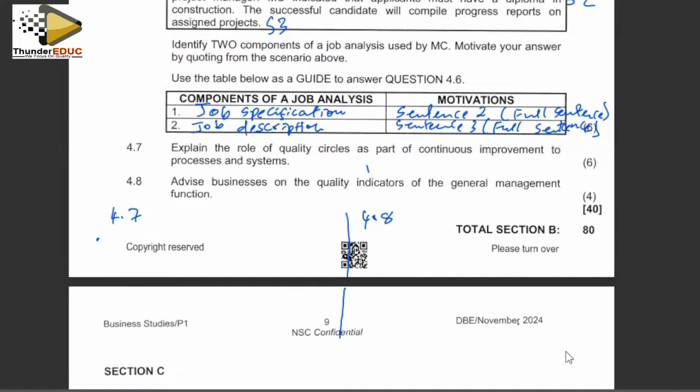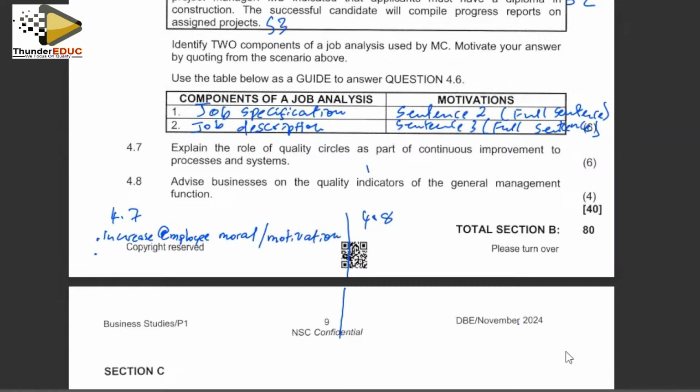So now we are saying that they create harmony and high performance in the workplace, also reduce costs or wasteful efforts in the long run, and also increase employees' morale and motivation. We are saying that it increases employee morale or motivation.